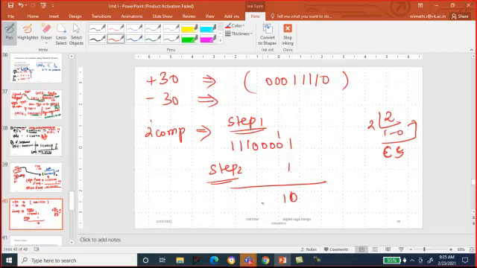You can even check with the help of your calculator. This is the 2's complement, the way of representing a negative number. Is it fine, guys? Okay.